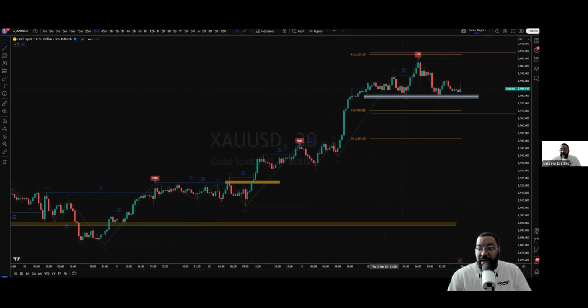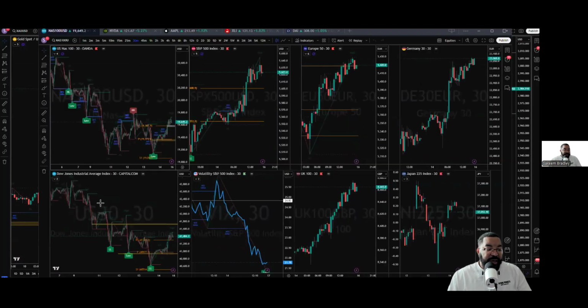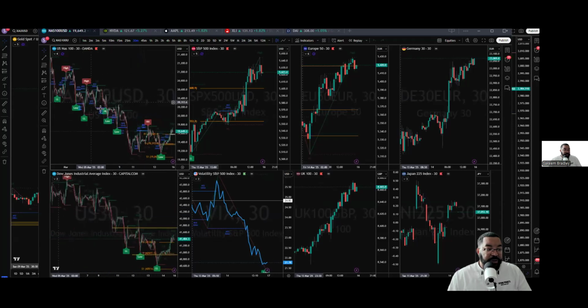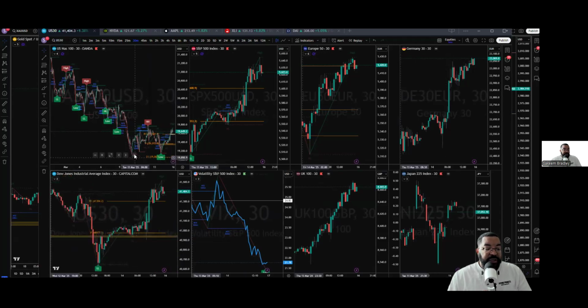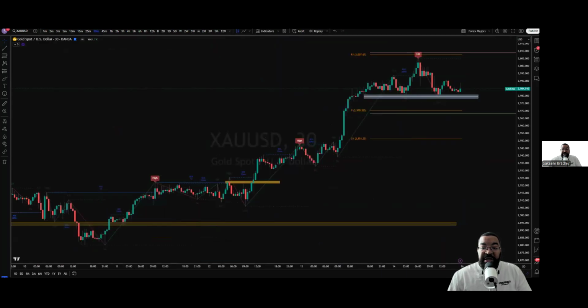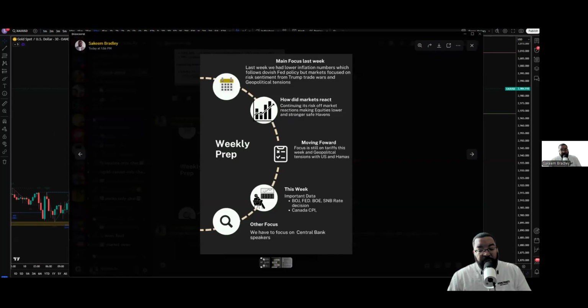We started seeing a lot of uncertainty being priced in. And just looking at equity markets right here, you could just look at NASDAQ and US 30 just pushing bearish pretty much the majority of the time, right? Just bearish price action. All of that is due to uncertainty. So that shows if we continue to get uncertainty, there's literally no reason for the markets to actually be risk on.